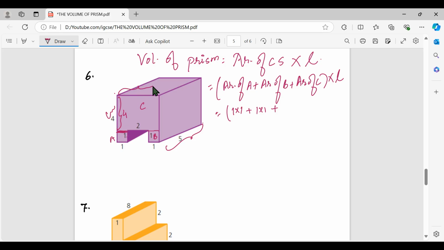Then this part is 2, so we will take 1 from here, 1 plus 2 plus 1. Hence this shape is again a square of length 4 centimeters. So we will write 4 times 4 times 5 here. So you get 1 plus 1 plus 16 times 5.